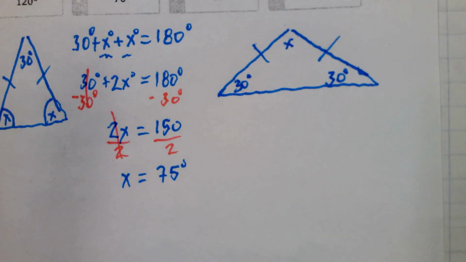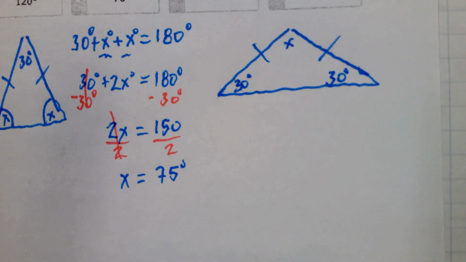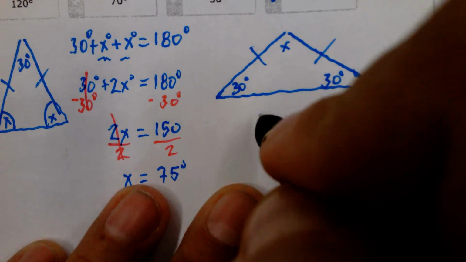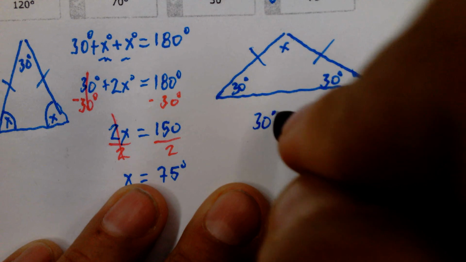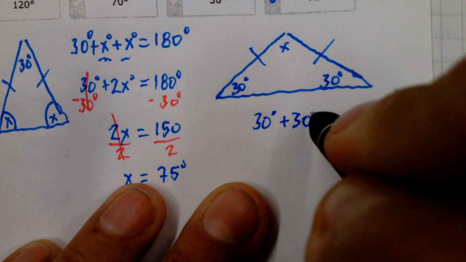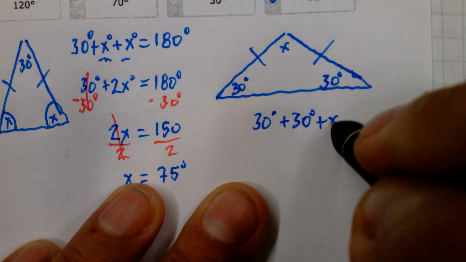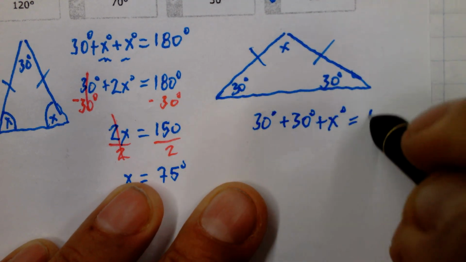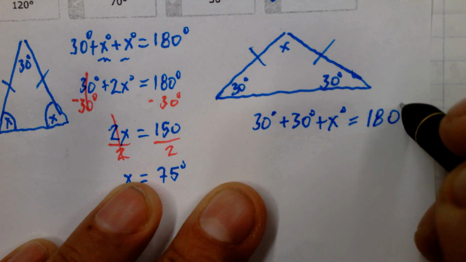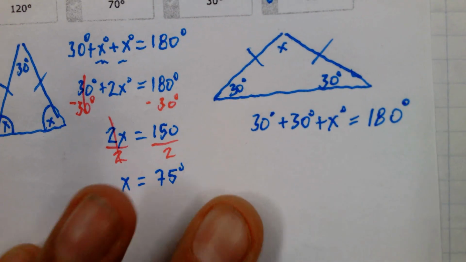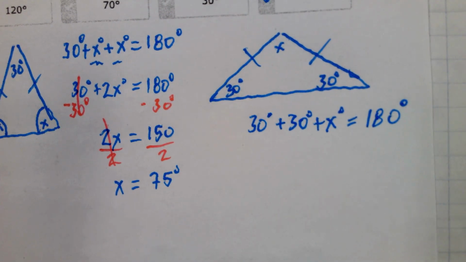How would we figure out that one? Set up an equation. Let's try it. What would the equation be? 30 plus 30 plus x equals 180. Okay.